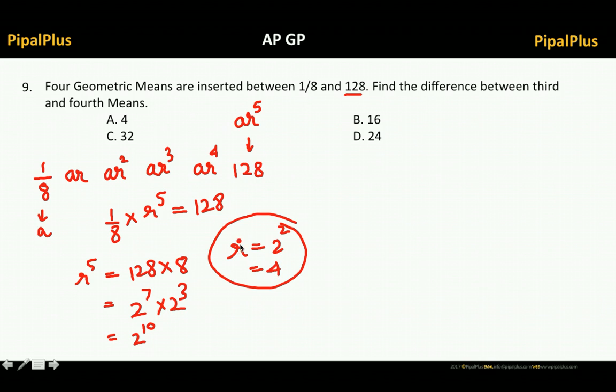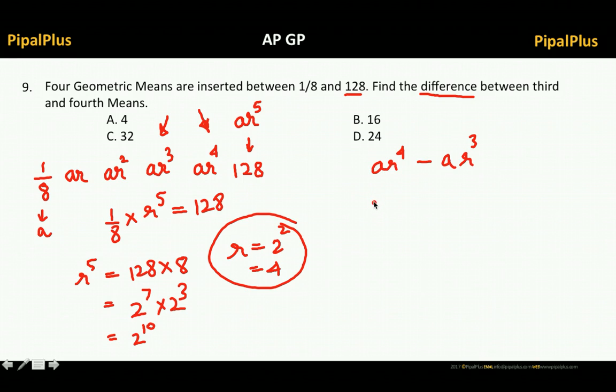So actually what this tells me is straight away it gives me all the means. I can find out all the means now, but what I need to do is just to find the difference between the third and the fourth means. So the fourth mean, AR to the power 4 minus AR cube, this is what I need to find.